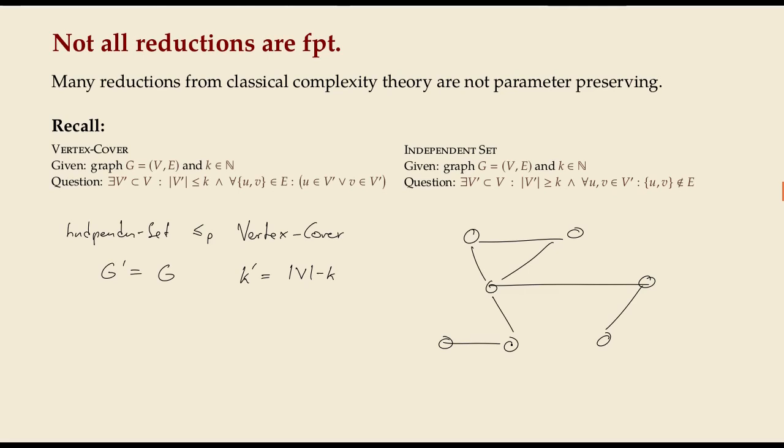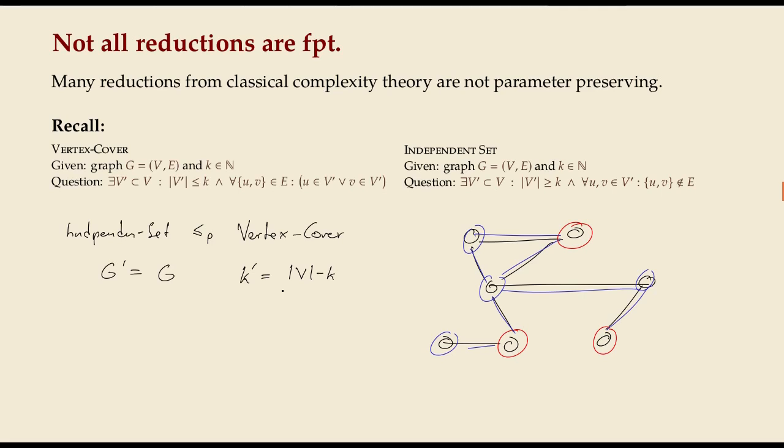So then I can pick these three nodes. They don't have any edges in between. So these are an independent set. But that means all other nodes have to be a vertex cover, because all edges in the graph are covered by these, because if there was some edge that was not covered by the blue nodes, it would be between two red nodes, and that was by definition not the case in an independent set.